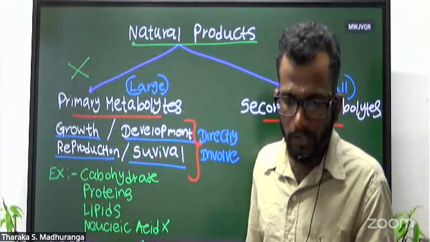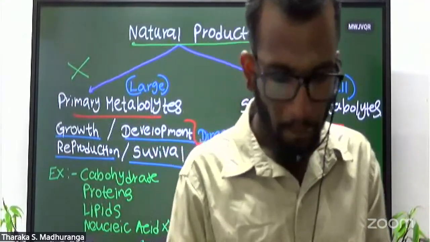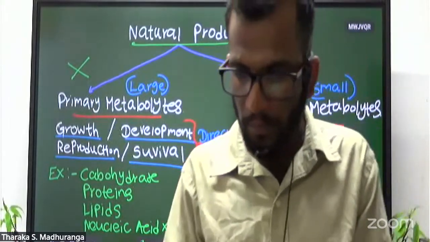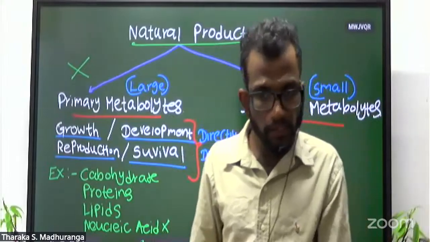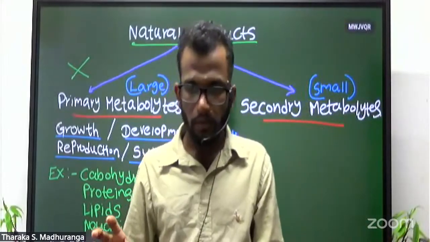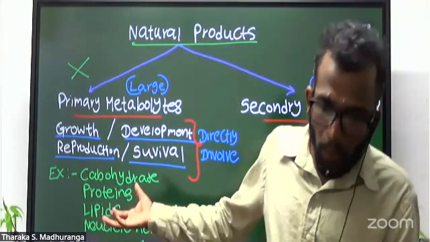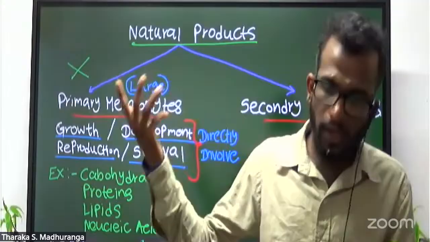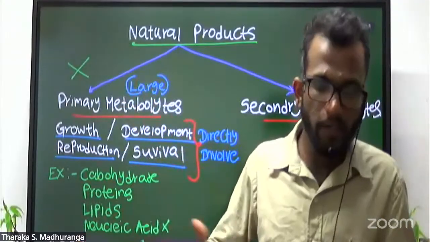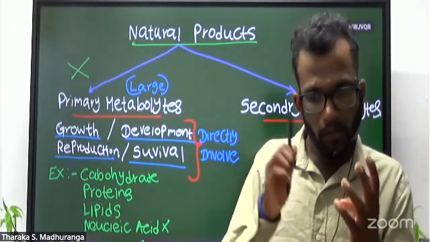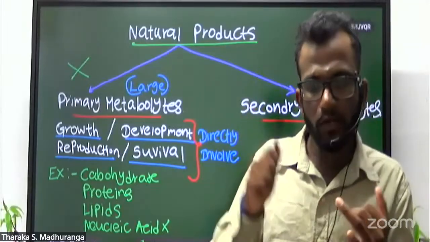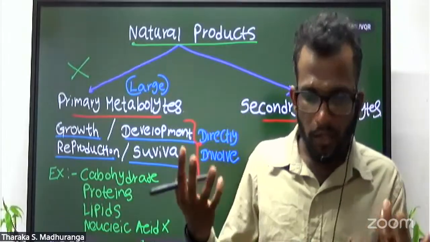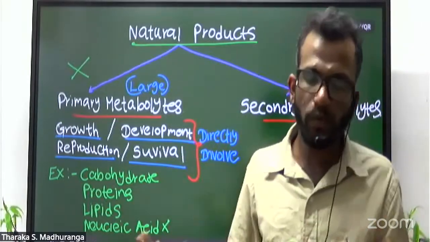Main types, Arshad. In carbohydrates, there are more than 100 subcomponents in the primary metabolites: glucose, galactose, fructose, starch, glycogen, cellulose, everything.